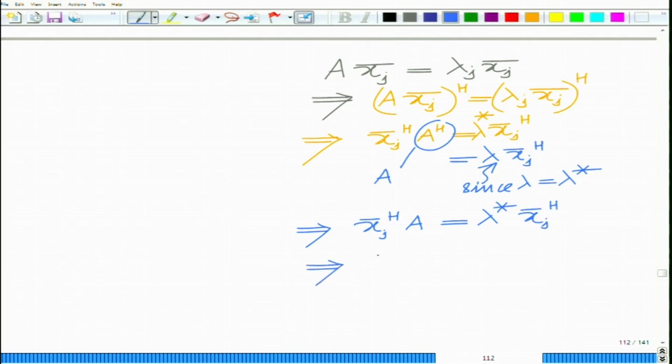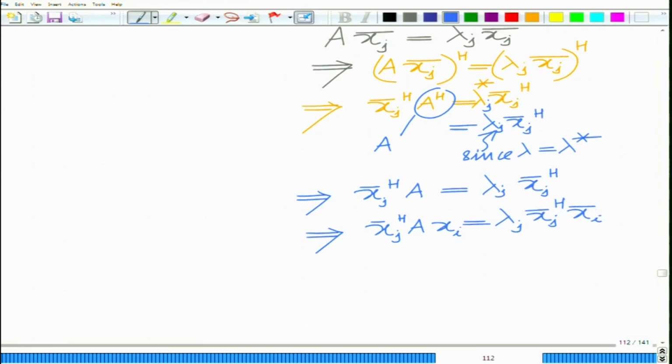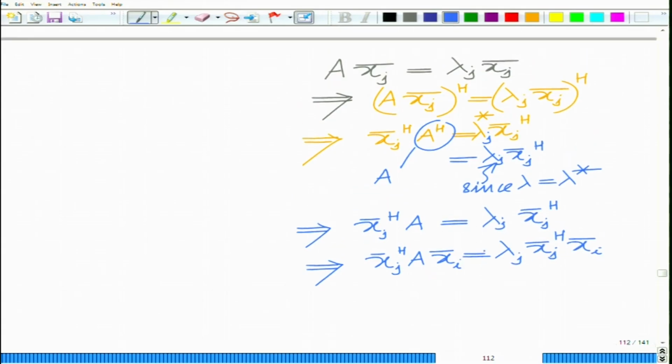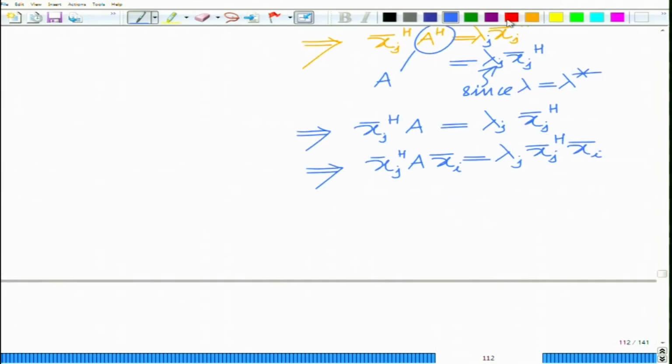Now, if you multiply by xi bar, we have xj bar Hermitian A xi bar equals lambda j xj bar Hermitian xi bar. Okay.